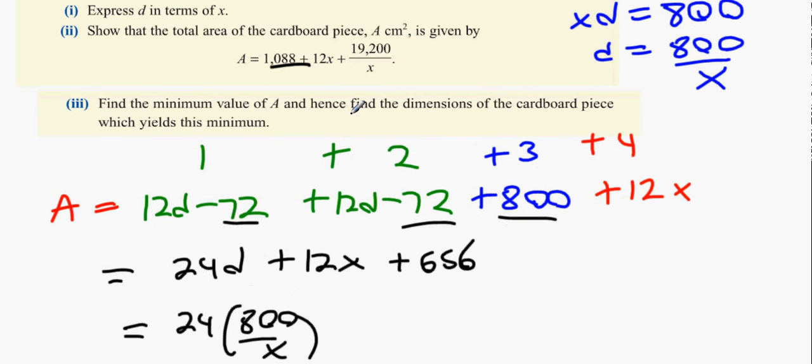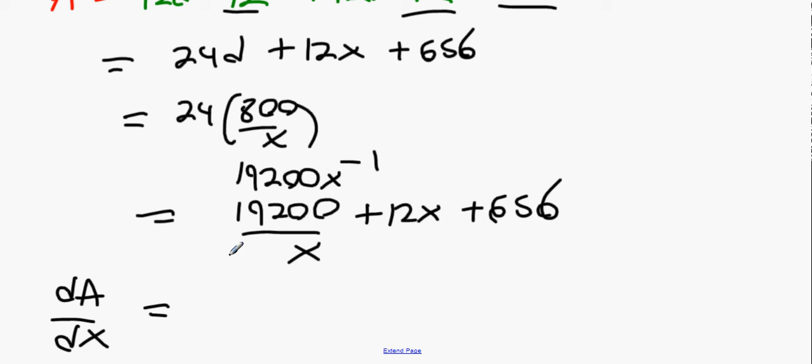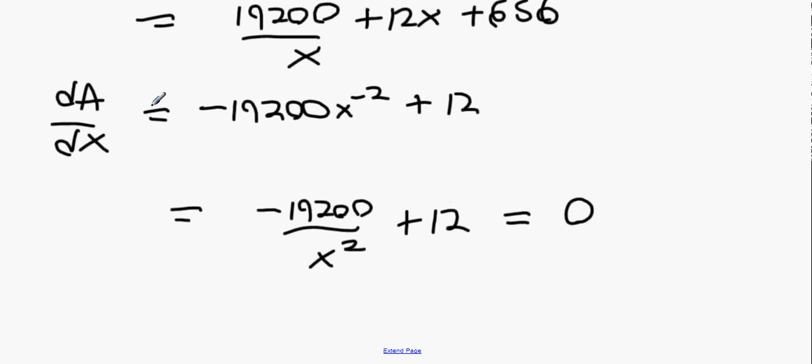Find the minimum value of A and hence find the dimensions of the cardboard piece which yields its minimum. So we need dA/dx, and remember we change 19,200 over x to 19,200 x to the minus 1. Differentiating, we get minus 19,200 x to the minus 2 plus 12, so minus 19,200 all over x squared plus 12 equals 0, because the first derivative equals 0 for a minimum or a turning point.